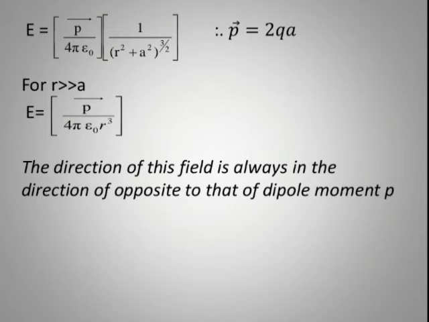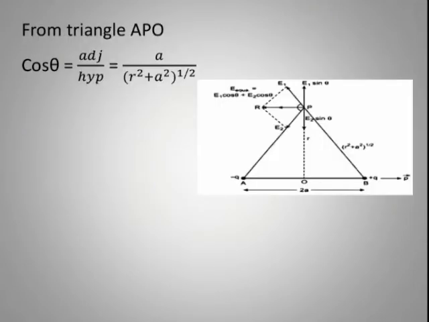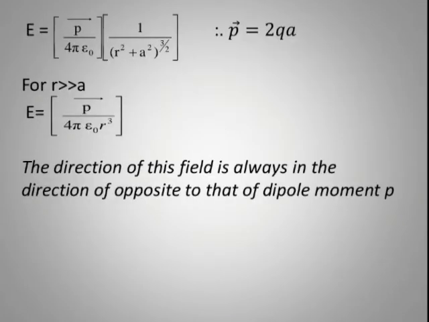In case I consider the distance r to be very much greater than a, if I consider this pictorial representation, this distance is very much greater than a, so a vanishes. a is very small and a square is gone.